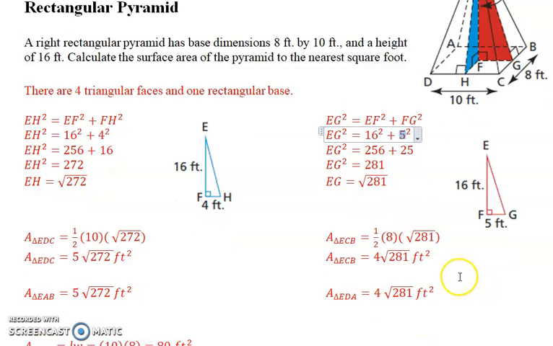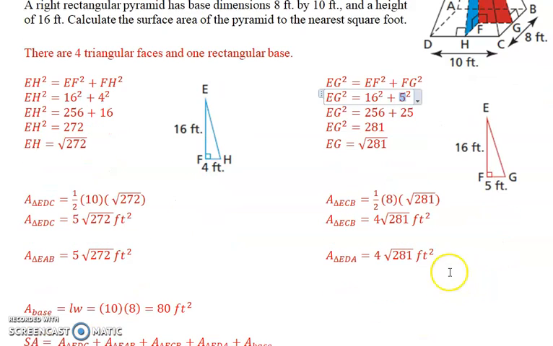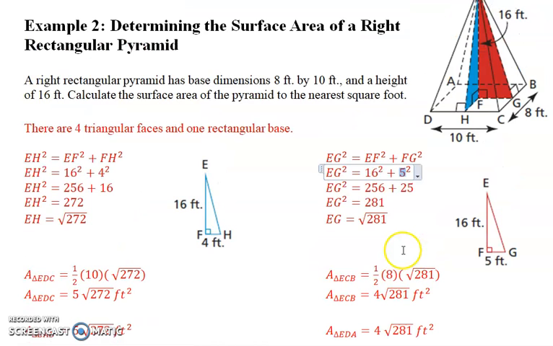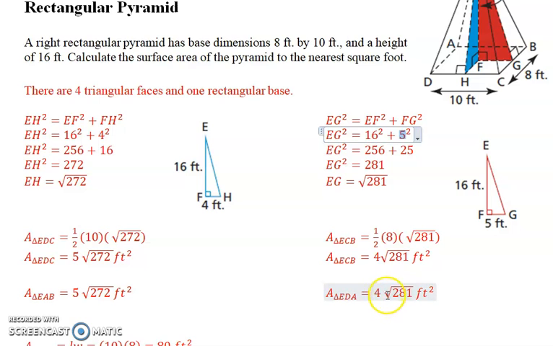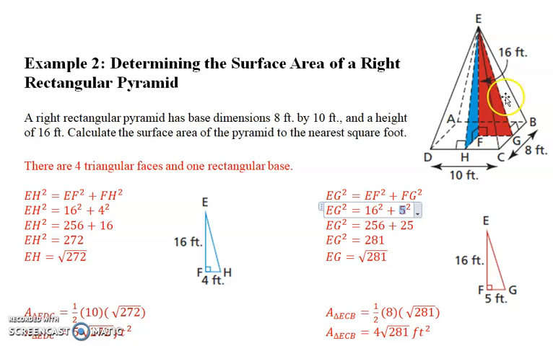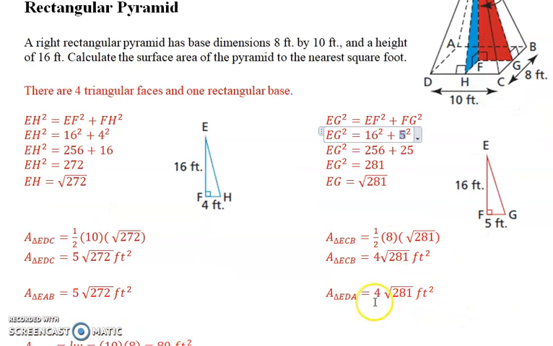There's no need to get a decimal here, just leave it. We want it to be exact. And it's congruent to triangle EDA, which is the opposite side, this face as well, and that gives you the 4 root 281, right? Because these side ones are slightly smaller, that's why the value is going to be a little bit smaller.